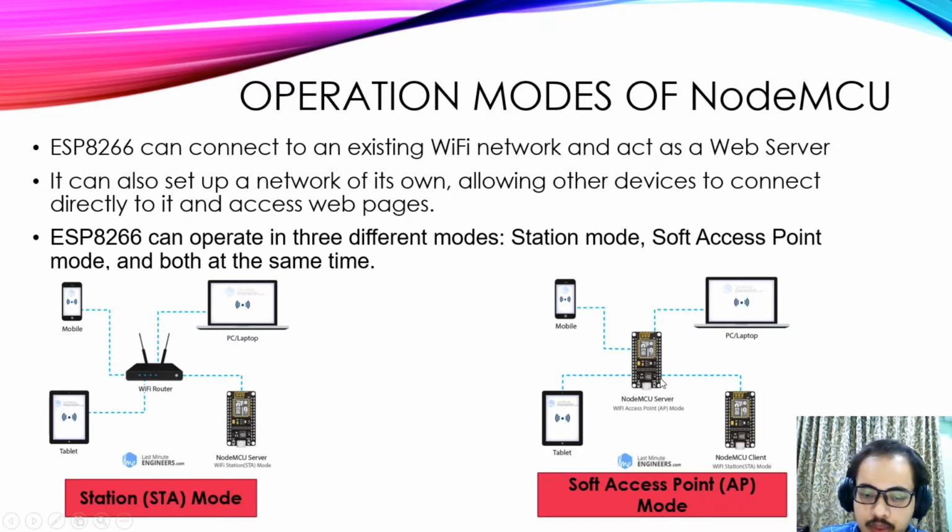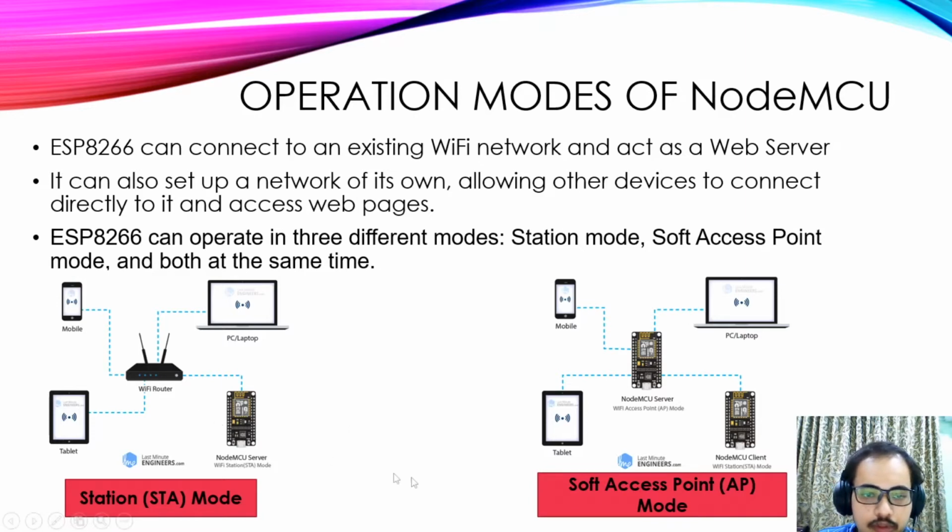Now we have the soft access point mode, where an access point is a device that provides the Wi-Fi, which we use from the STA mode here. We gain it from the Wi-Fi router to the NodeMCU. Then we have the NodeMCU and the NodeMCU server as the Wi-Fi access point, AP mode.